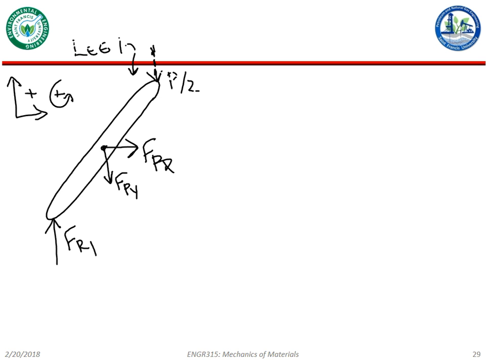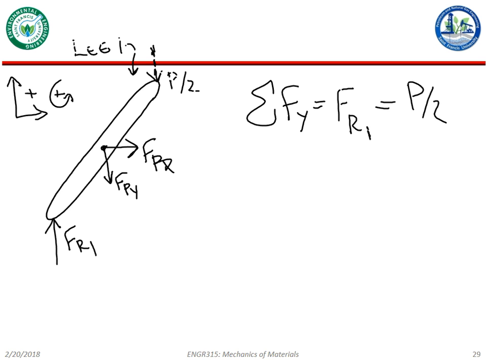All right. So, if I do my sum forces, Y, what do I get? The reaction vertical force in the bottom equals the D2. Okay, so we have that guy. Should it be that? That is right.